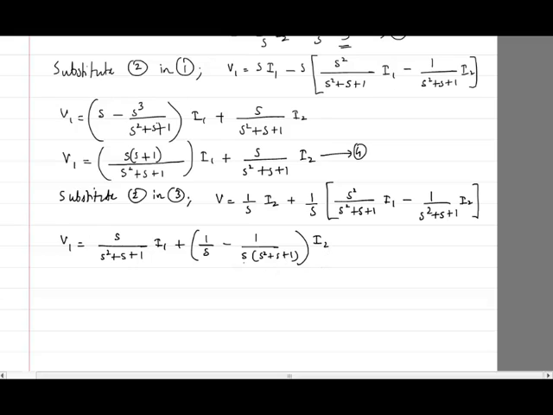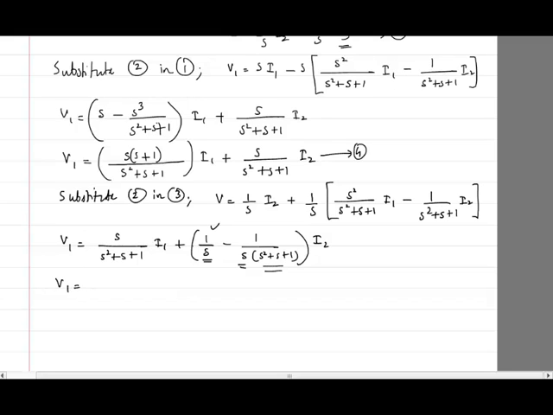Now here you see there are two components. One is S multiplied with S square plus S plus 1, whereas here there is only S. So only here I have to multiply and divide with S square plus S plus 1 for making the denominator common. We use that technique for fractions, isn't it?